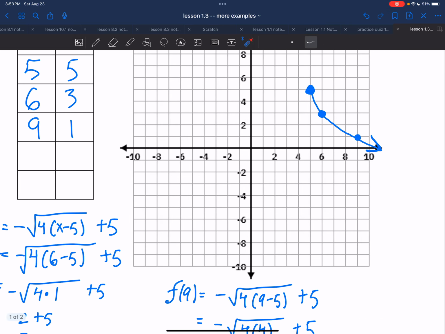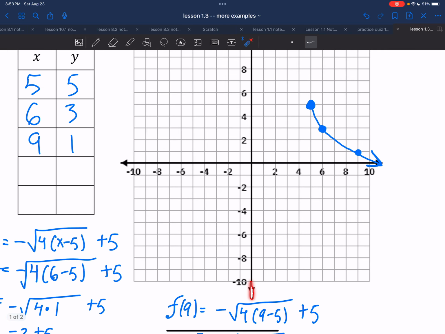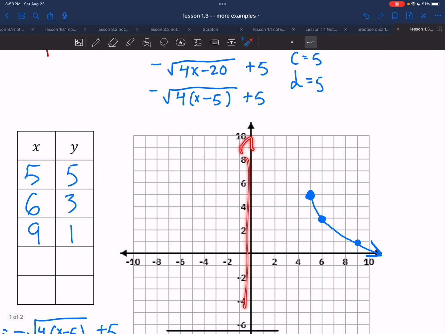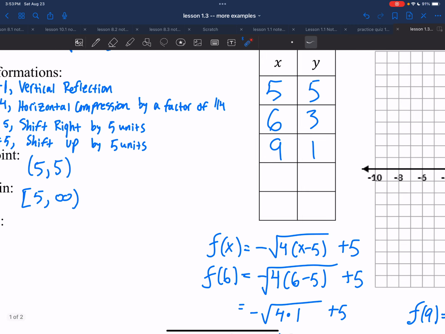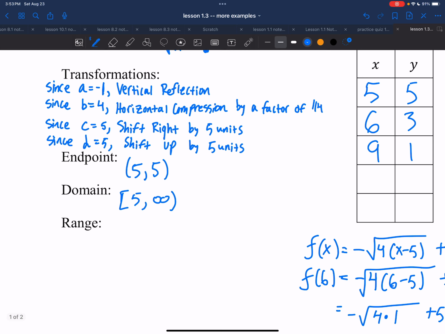As for range, I say lowest all the way up to highest. So I think, how low does it go? Well, there's an arrow here pointing down forever. So it's going to be coming from negative infinity up until the highest point on the graph, which is at 5. So the range is negative infinity up to 5.